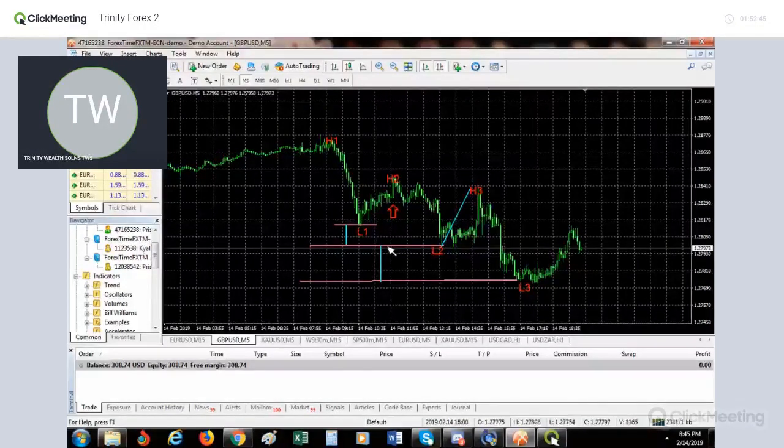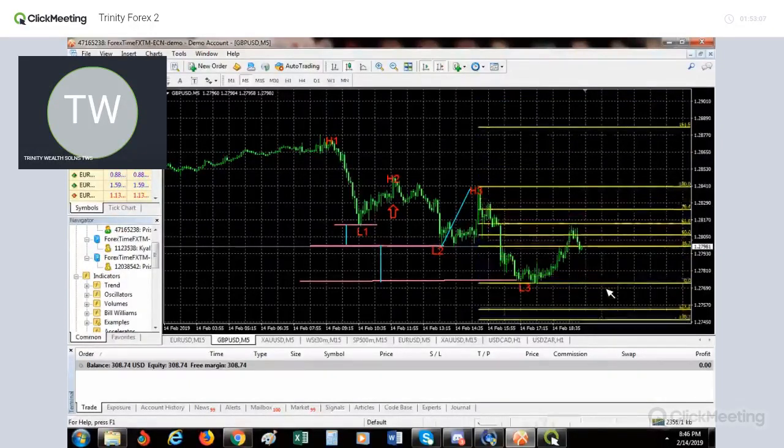It went to 76.4%. But now from L2 to L3, the distance is longer. The market is gaining momentum, so we expect a not so deep correction. It should not reach 76. It can still reach 61, but it should not be as deep as the previous one, okay?